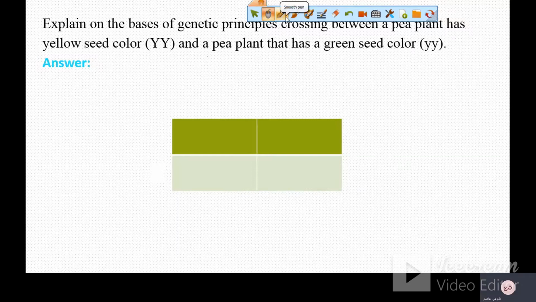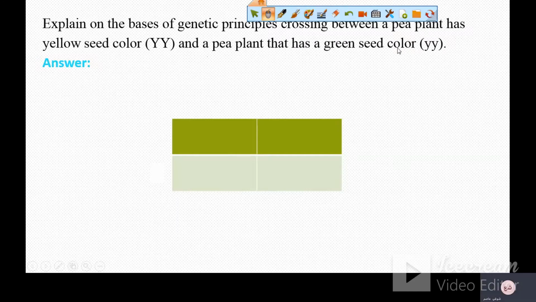You see that the yellow one is the dominant, and Y small, which is the green seed, is the recessive. It's pure, it's homozygous. It's pure, it's homozygous.